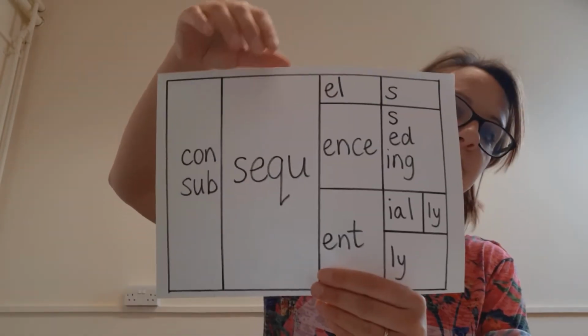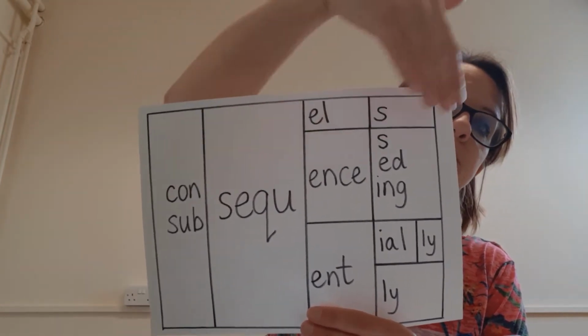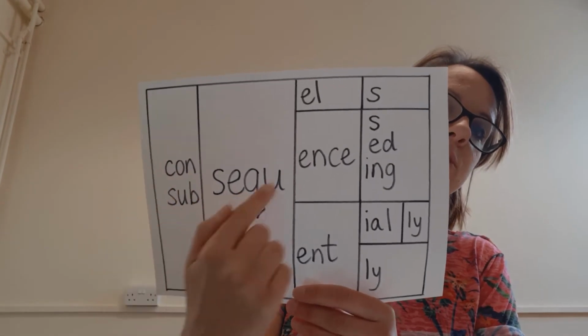You've got a couple of main words which you can build there. So we've got sequence, okay, and then we've got obviously some words around sequence, and we've also got things like consequence, okay. And if you think about the meaning of sequ being to follow, actually if you think of a sequence, that is all to do with things following on one after the other.